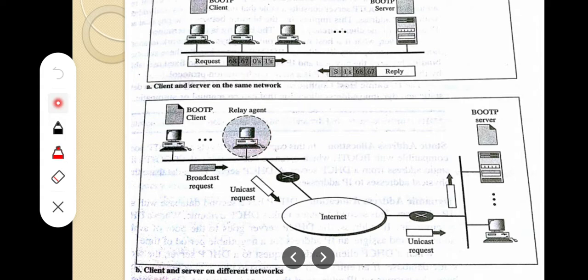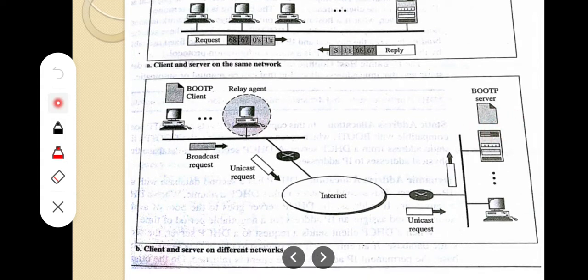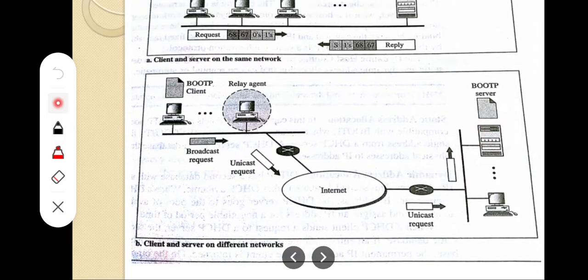Because it knows the address of this Bootp server, and this unicast request can be accepted by the routers. This unicast request will pass the router, pass the internet, get into the other network, and reach the Bootp server.